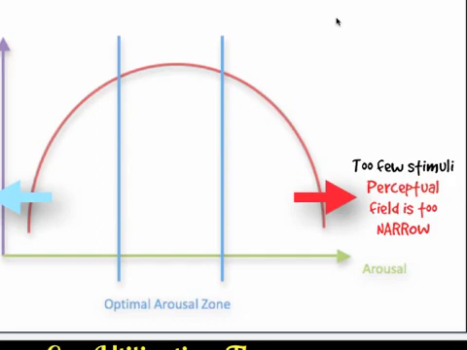A good example of this is, let's say we're in boxing and somebody's clobbering me around the head quite a few times, and I'm losing the fight, and I might get angry, my arousal levels will go up and peak, and I'll get extremely angry, and essentially what I'll do is I'll start swinging at my opponent because I'm angry at them and I just want to hit the opponent. So my stimulus is just to hit my opponent as hard as I possibly can, and my perceptual field has gone from being very wide to extremely narrow, just focused on doing this one thing.